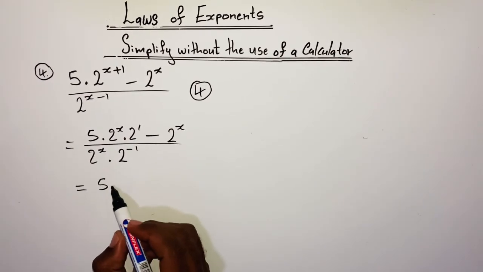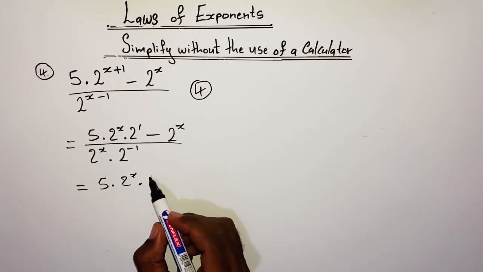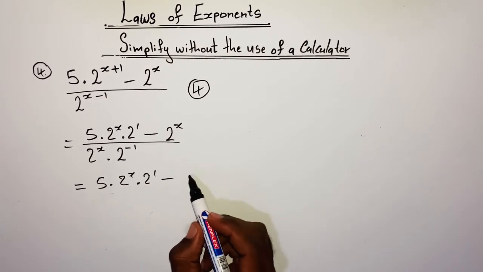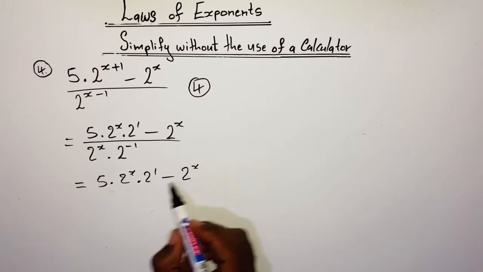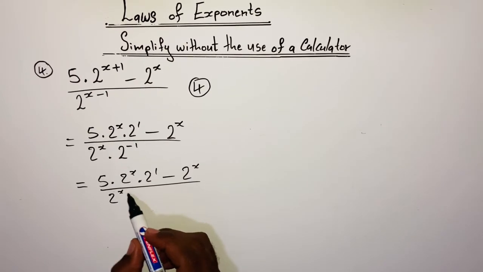So what's at the top remains. It's 2 to the x times 2 to the 1 minus 2 to the x all over 2 to the x.